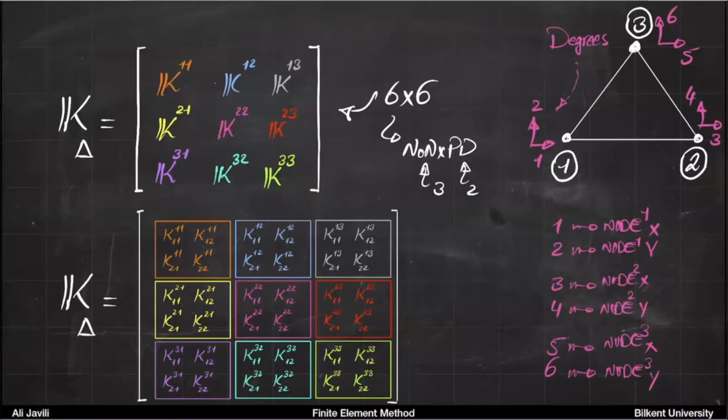Okay, so the stiffness of that triangular element looks like a 3 by 3 box because you have 3 nodes, but then for each node you have 2 degrees, so you get 6 by 6 as the dimension of your stiffness matrix. Does that make sense?